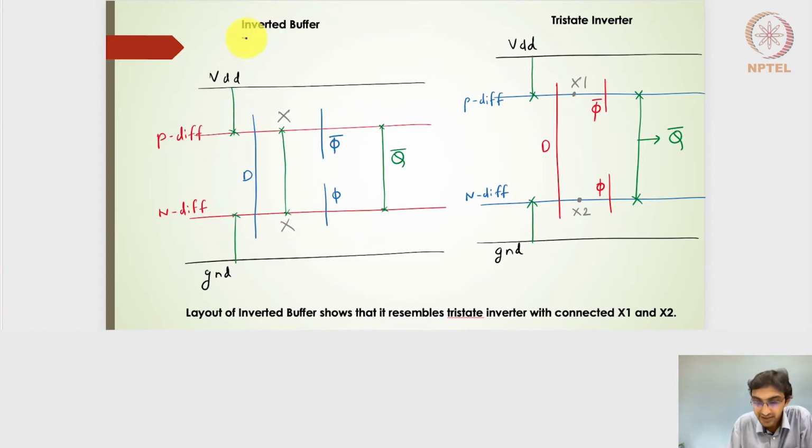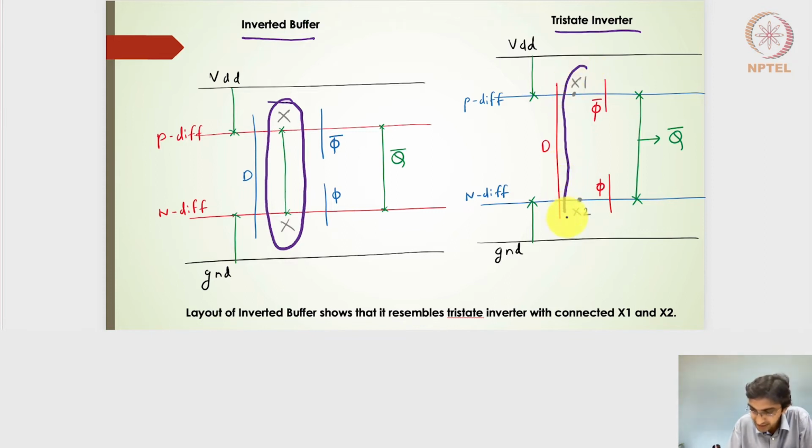Looking at the inverted buffer and the tri-state inverter stick diagrams, if I put them nearby, we can clearly see that there is only one metal line difference. Everything else remains the same in the stick diagram. So X and X are connected here, while X1 and X2 are not connected.